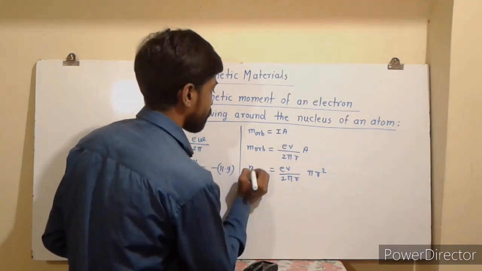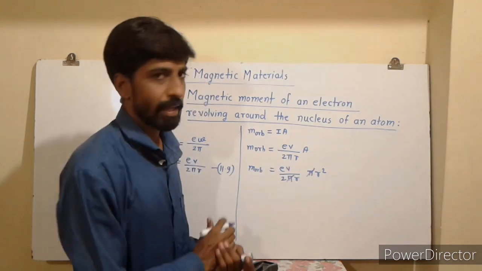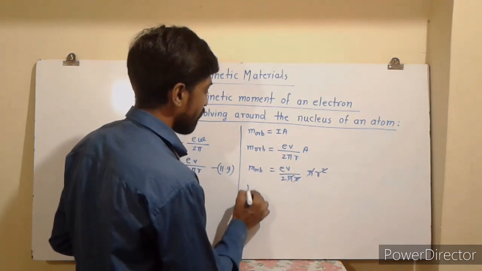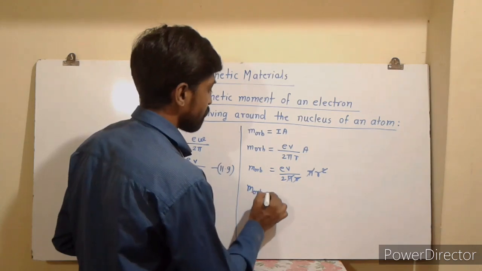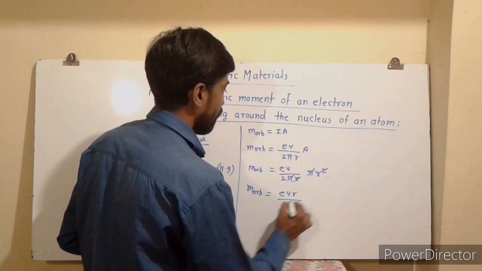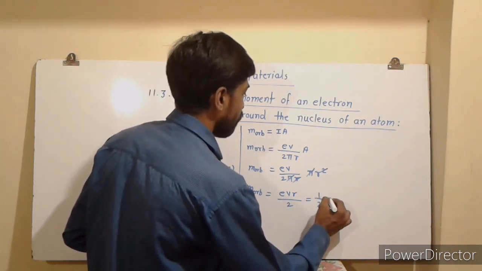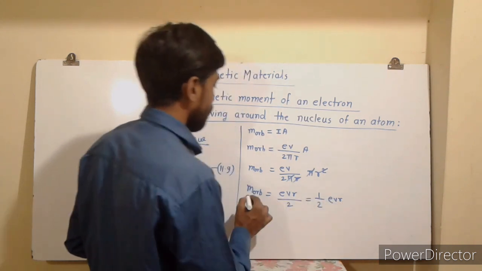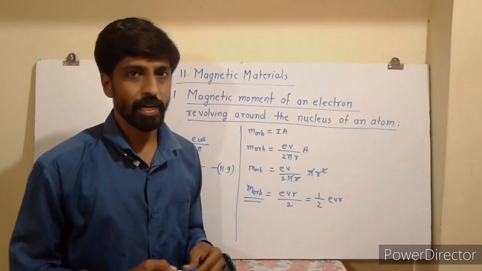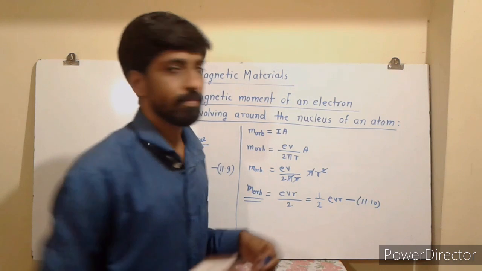So here pi will get cancelled, r and r will get cancelled. Then the remaining equation is equal to evr divided by 2. So therefore 1/2 of evr is the orbital magnetic moment. This is equation number 11.10.